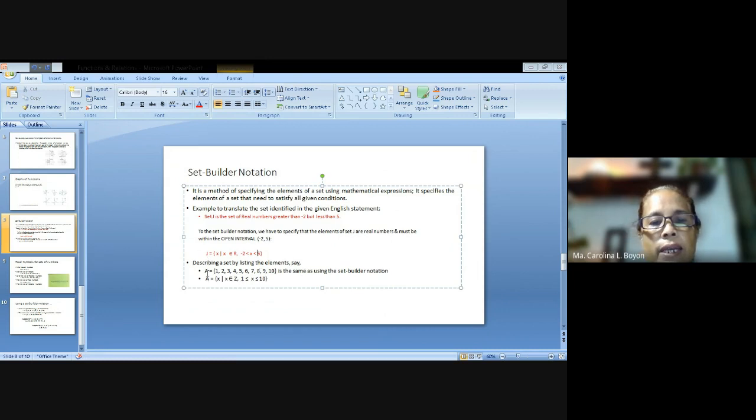Say we have A as the set consisting of the elements 1, 2, 3, 4 up until 10. This is the same as specifying the set A consisting of all x's such that, this bar means such that, x is an element of the set of integers, symbolized as Z, where x is in the closed interval +1 to +10.